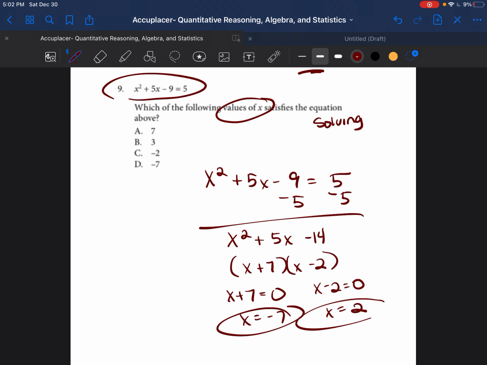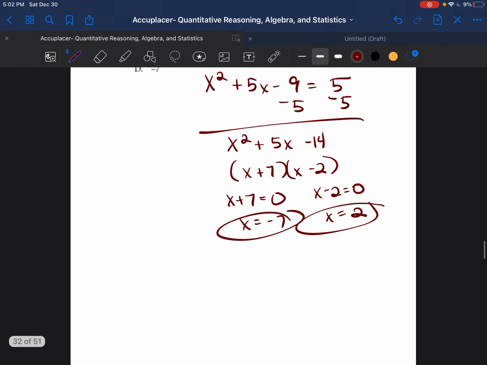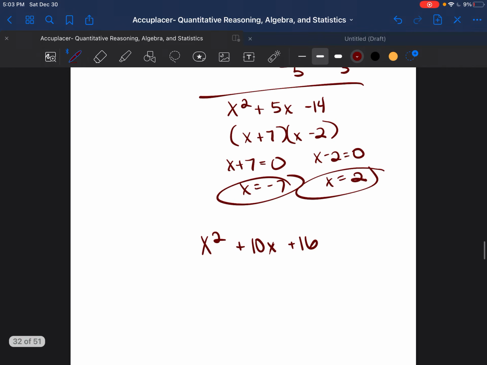All right, I'm going to give you another example just in case that was confusing for you. What if we say X squared plus 10X plus 16?